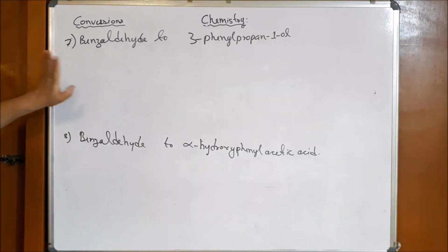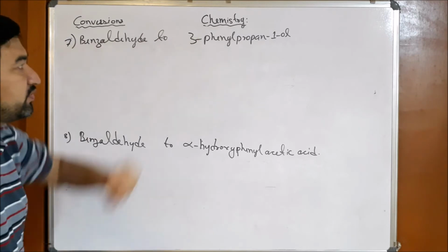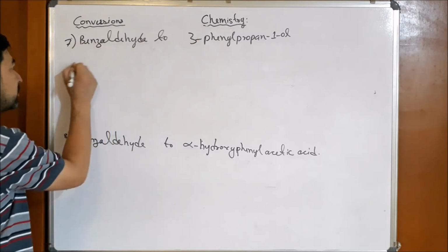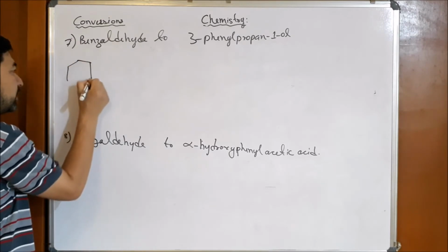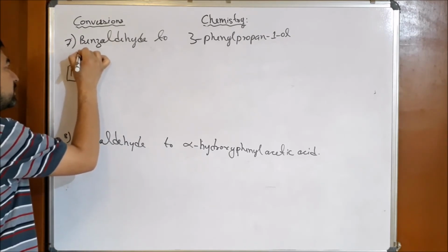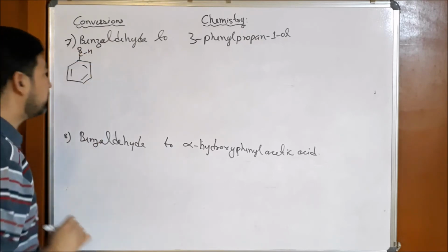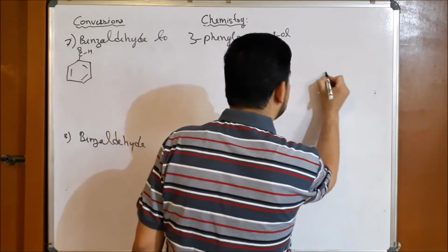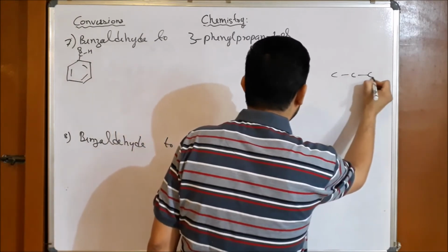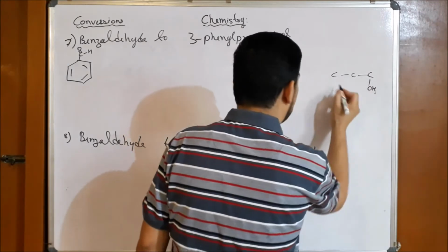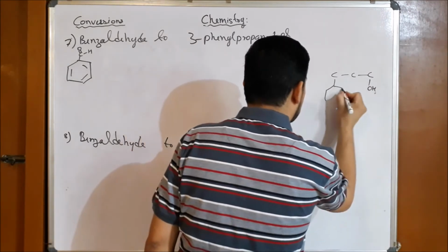The next reaction is benzaldehyde to 3-phenylpropan-1-ol. Right, so we'll write the structure. Benzaldehyde is benzene with a CHO group, and we have a phenylpropane. Prop means 3 carbons, 1, 2, 3, 1-ol means 1 OH, and 3-phenyl means here.